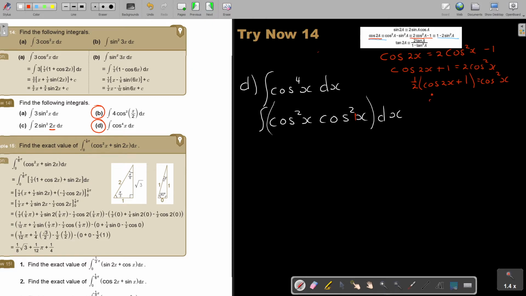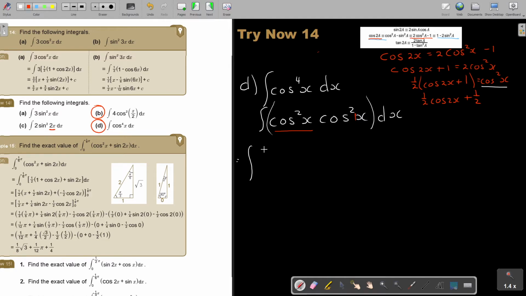So actually, no, I don't think it's necessary. I'm going to basically just replace this by this. I'm going to multiply this half in. Let's just do that, it's easier. So it's going to be cos 2x plus a half.